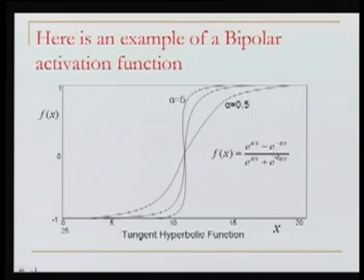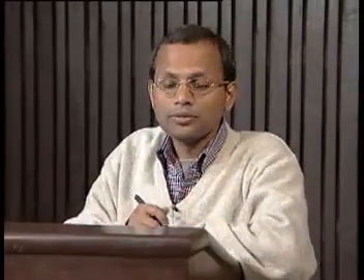And you know that the tangent hyperbolic function is e to the power alpha x minus e to the power minus alpha x upon e to the power alpha x plus e to the power minus alpha x. Again, alpha is there just to control the nonlinearity in the function. So, the activation function has a limit from minus 1 to 1.